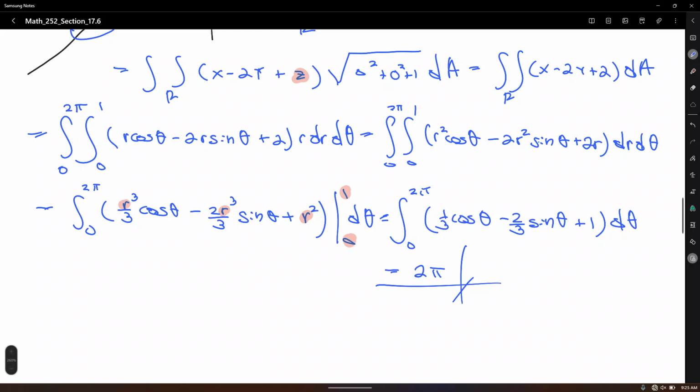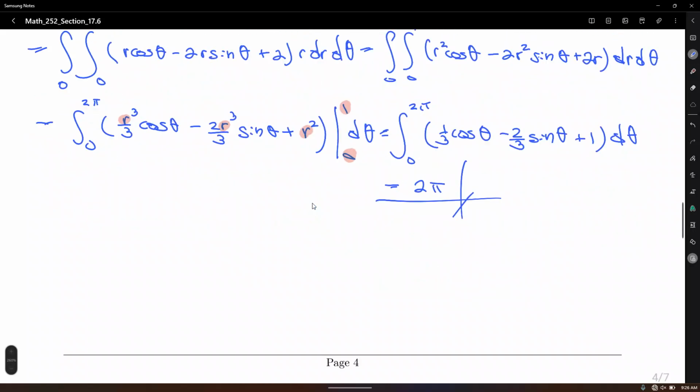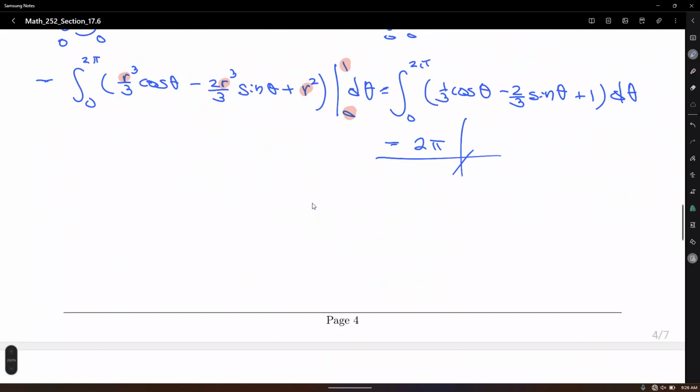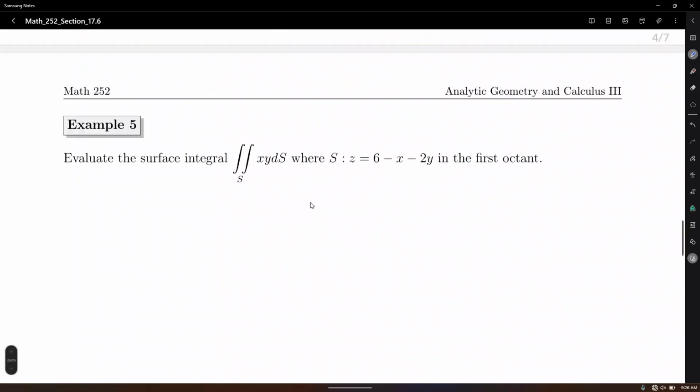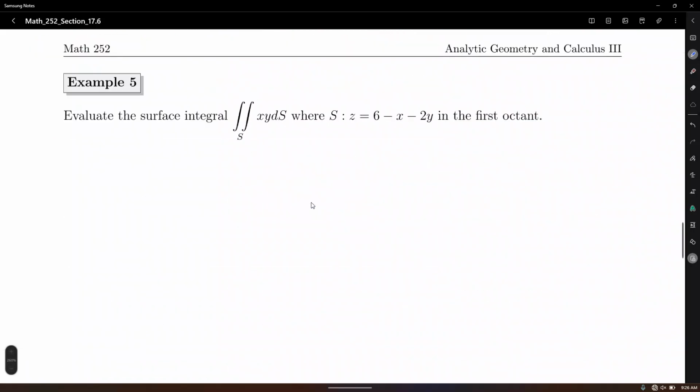Okay, the next problem. Pretty cool problem. You'll see why. In the next problem, guys, this is the first time we will ever evaluate a double integral projecting onto a plane that is not the xy plane.